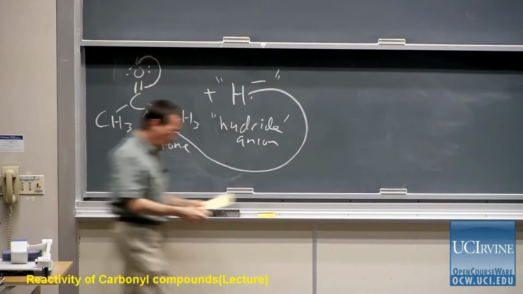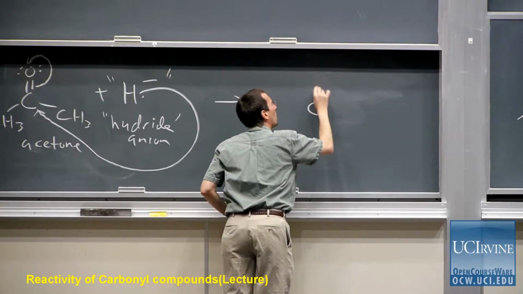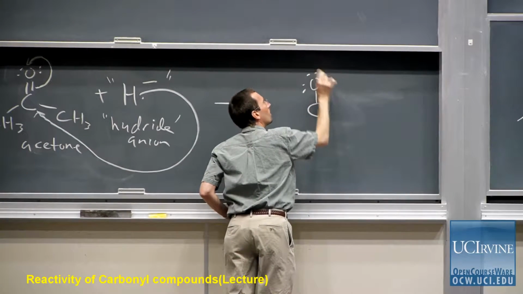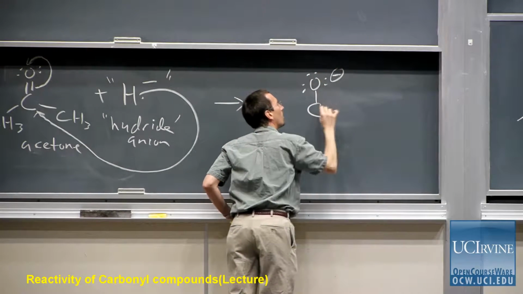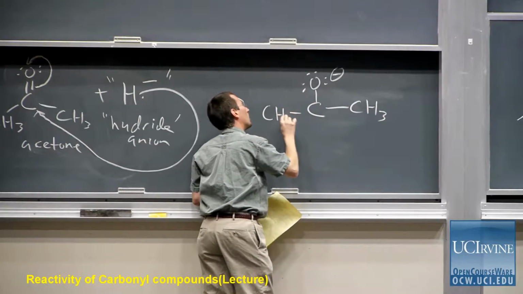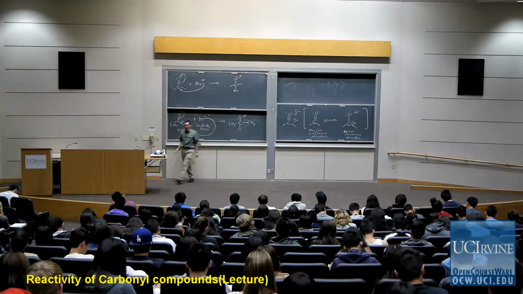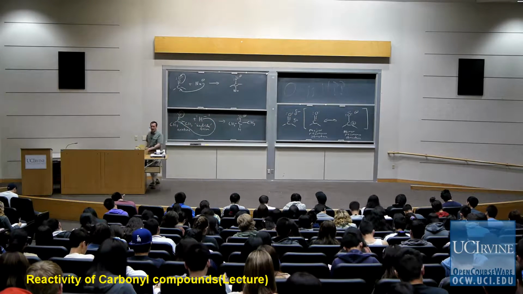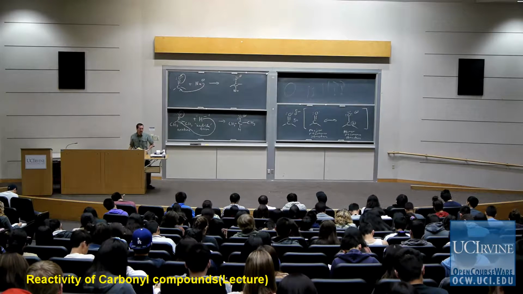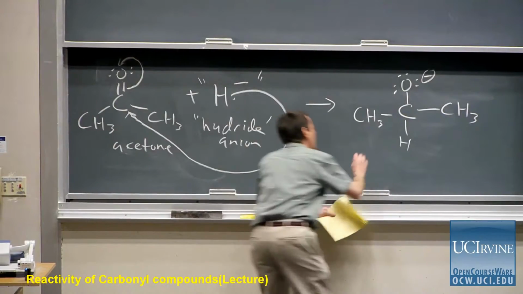And so when all is done, now we have an anion. It's the anion that would have been derived from isopropanol, so we call it the isopropoxide anion.